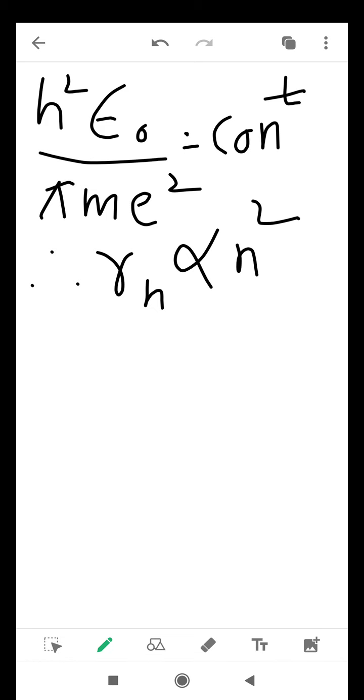Thus, the radius of an orbit is directly proportional to the square of the principal quantum number n of the orbit. Since n can be 1, 2, 3, 4 and so on, it is an integer.